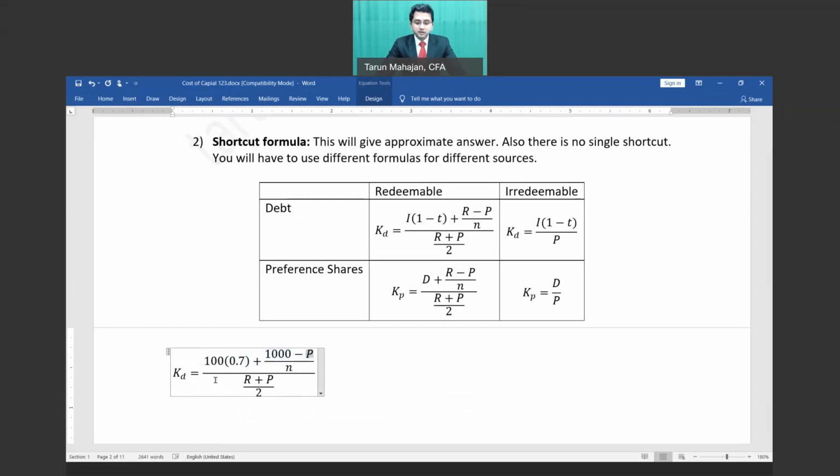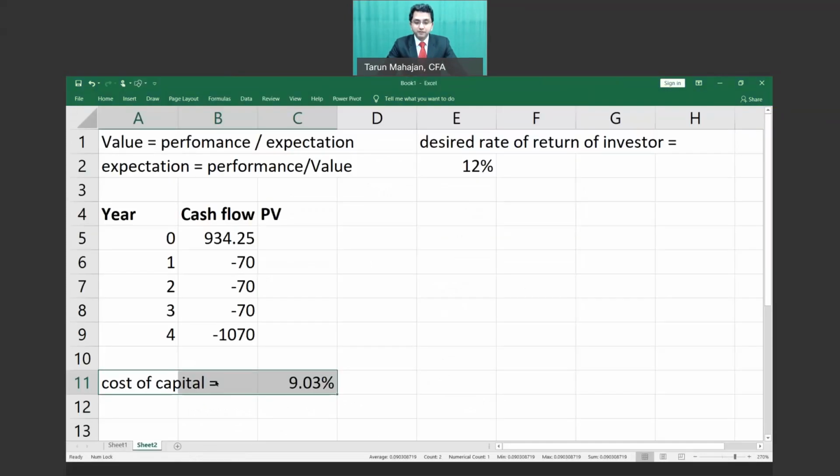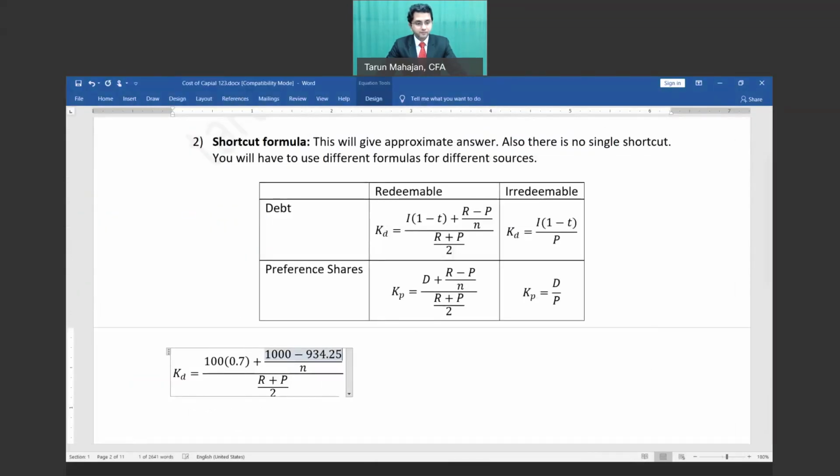P is 934.25, and the number of years are 4 years, and then R is equal to 1000 and P is equal to 934.25, and then divided by 2.